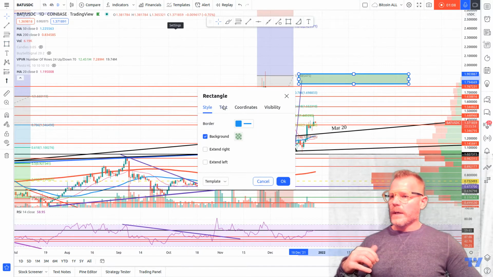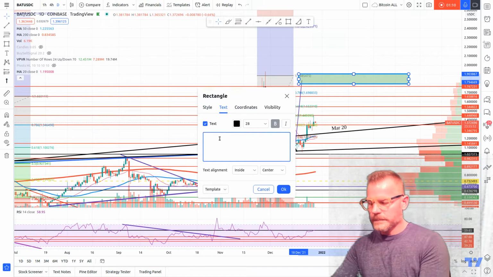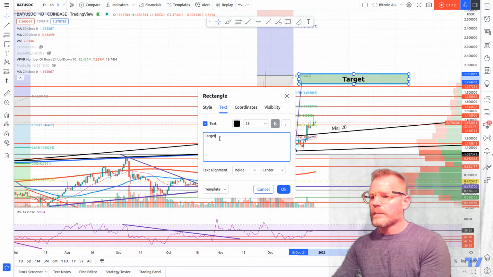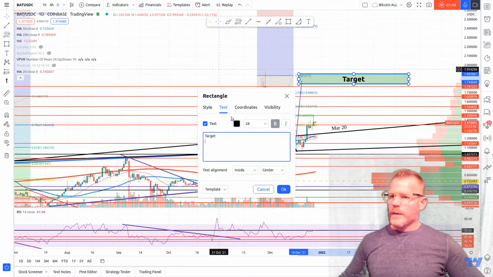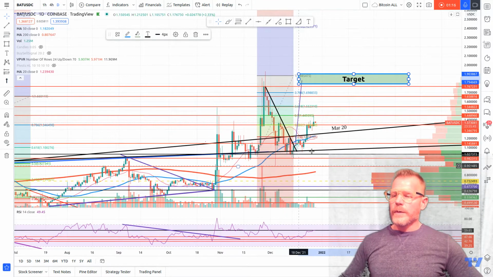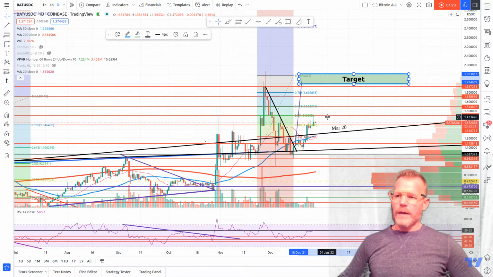So let me just say here, target. All right, so you want to make sure between where you enter and where your target is, you have at least 3 or 4 levels. I like to have 3 or 4 levels, all right? I typically don't like to have less than that.